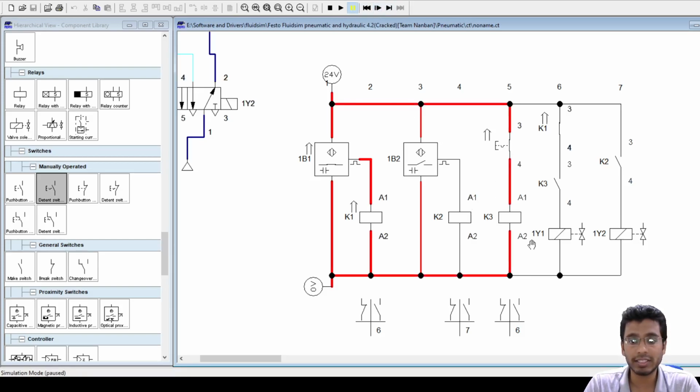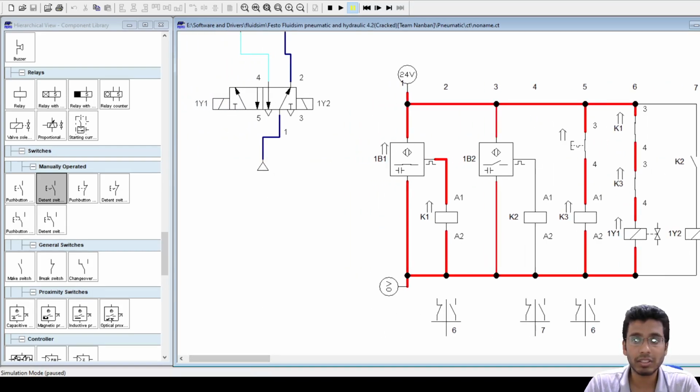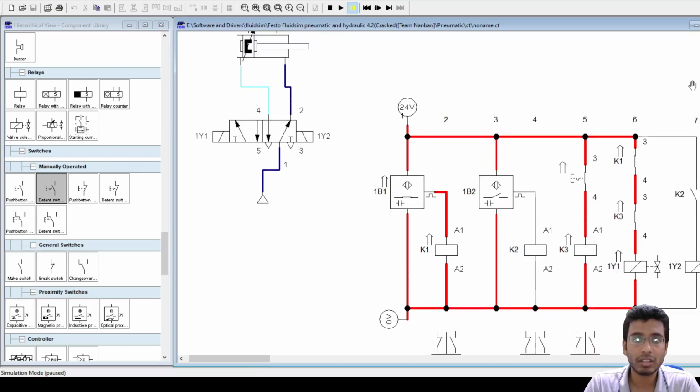This energizes my K3 relay. Now with this K3, if you see, this contact of K3 closes, resulting in my 1Y1 valve solenoid getting actuated. Fine. Now this 1Y1 will actually shift this spool this side, and hence your cylinder would start extending.